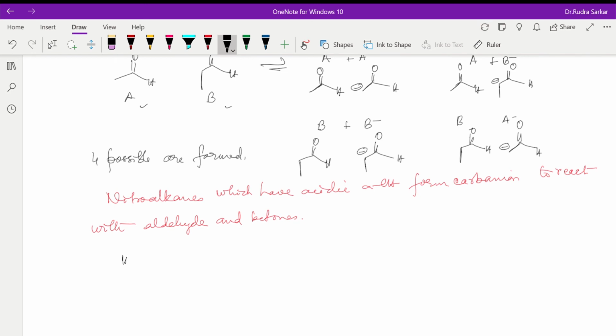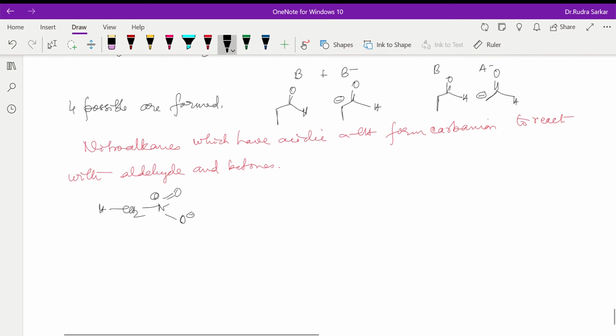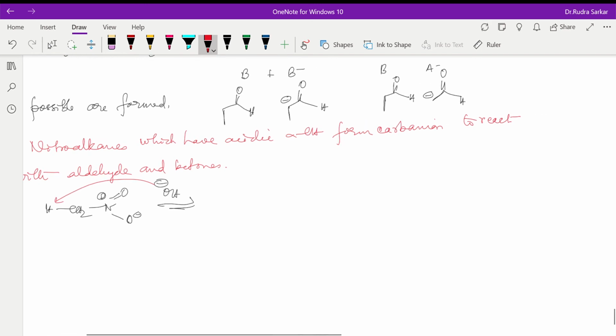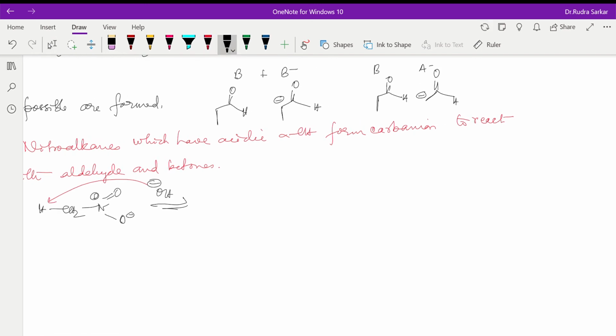So suppose we have HCH2 something like that, and then this particular proton can be taken up by hydroxide, leading to formation of a carbanion which can attack ketone or aldehydes.